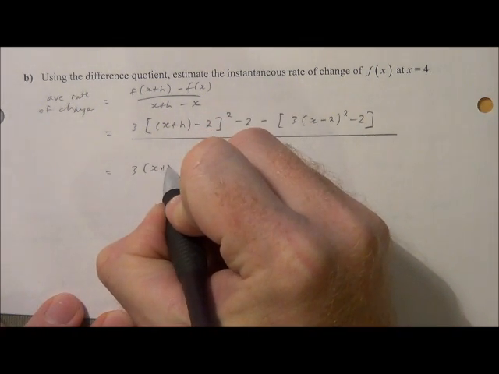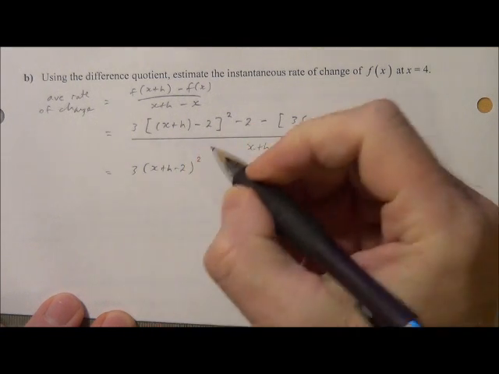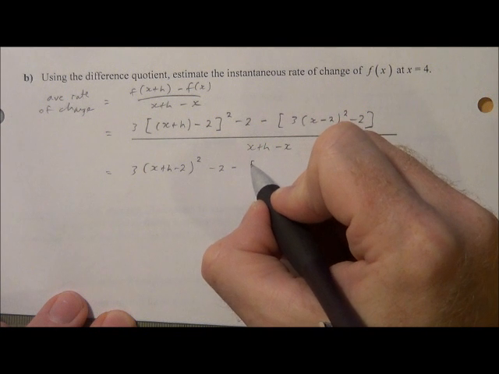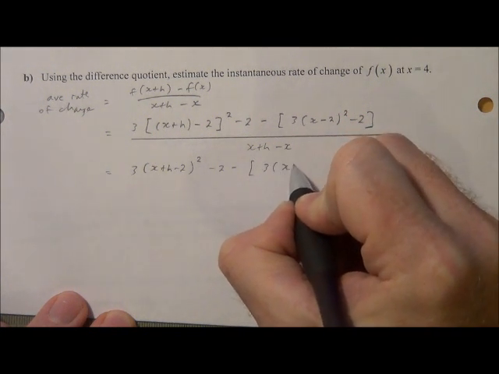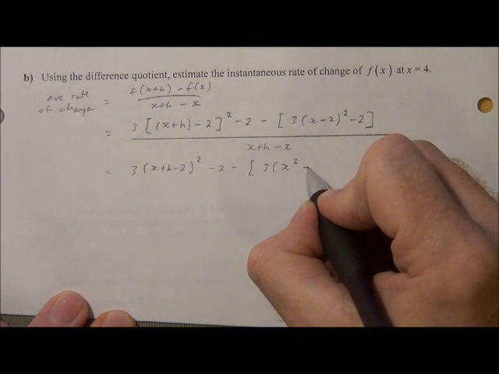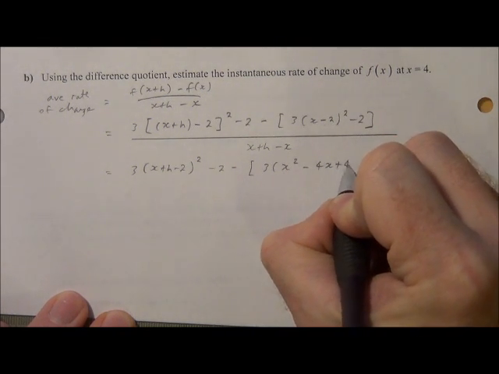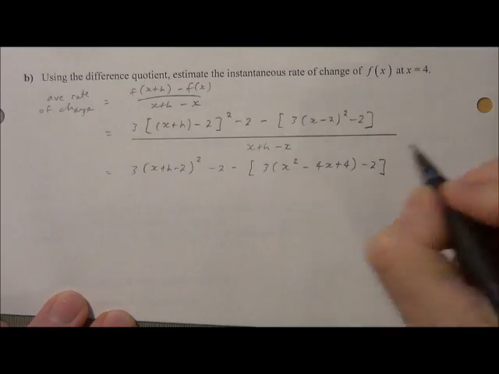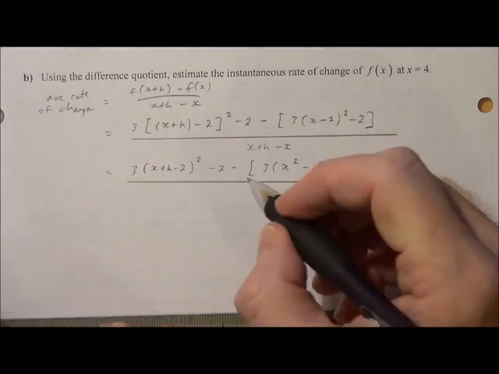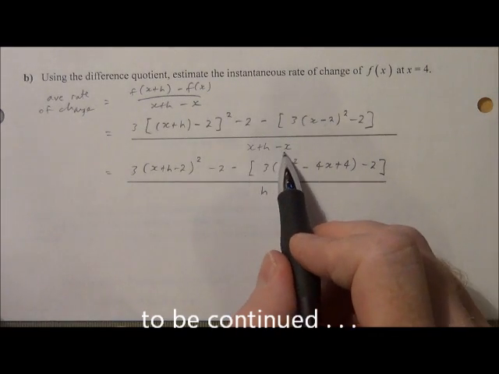So I'm going to have 3 times x plus h minus 2 all squared minus 2 minus, and I'll expand out this x minus 2 all squared to get x squared minus 4x plus 4 minus 2, all over h, because the two x's would have cancelled there.